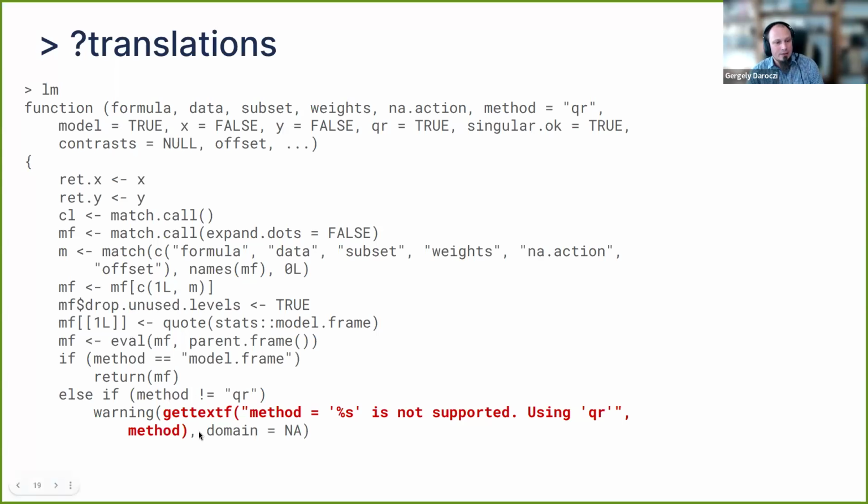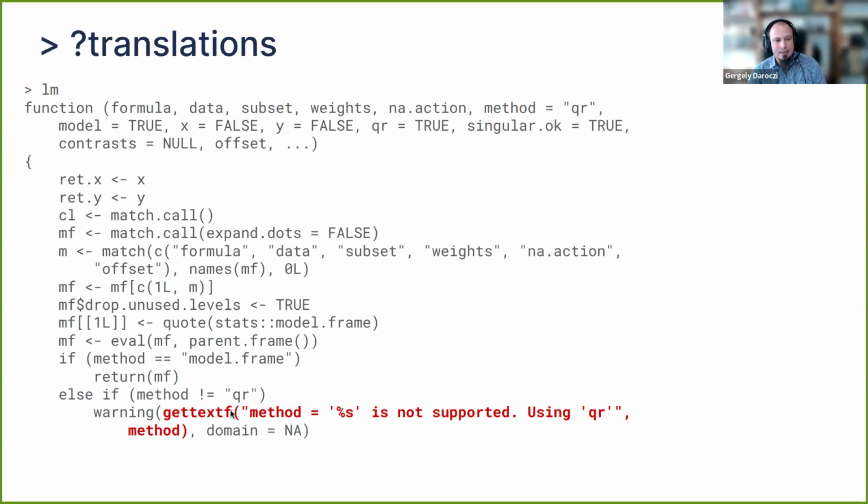And I highlighted a gettextf function call here with a string and a variable throwing a warning to the user. And let's not get into the details like when this is being triggered. The important thing is that there's a string here with double quotes, which is handled by the gettextf function.